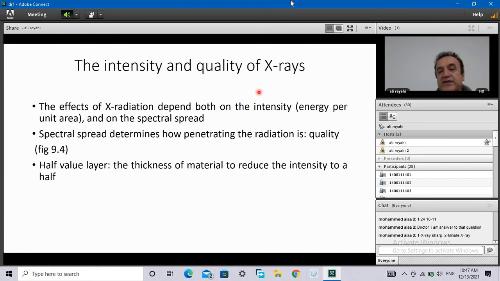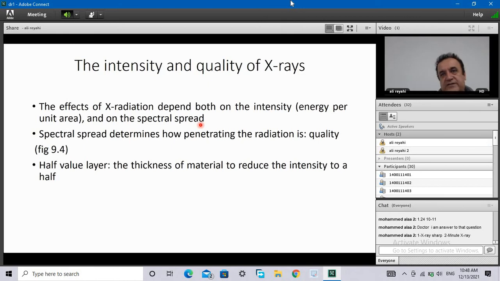In terms of the quality of X-ray, the effects of X radiation depend both on the intensity, energy per unit area, for example meter square or centimeter square, and on the spectral speed.